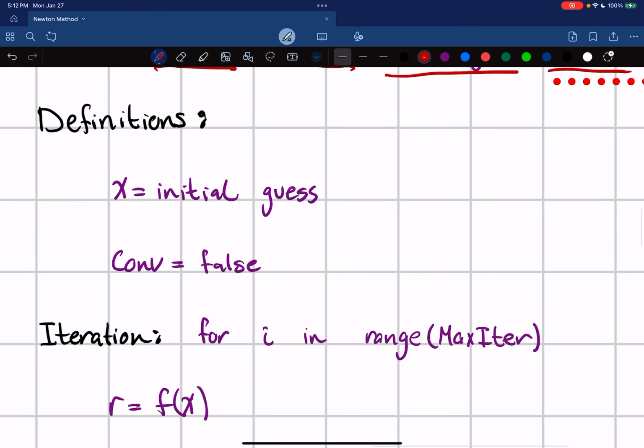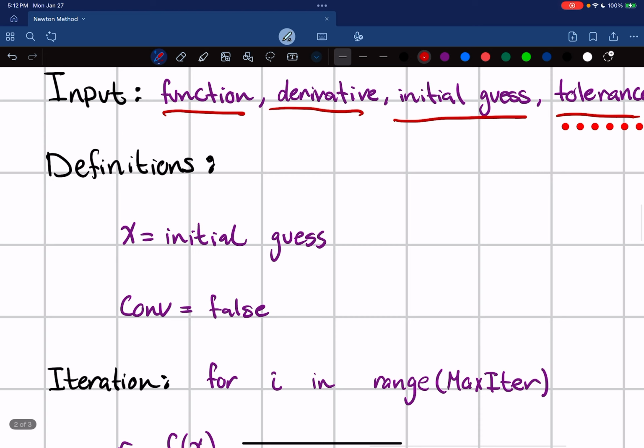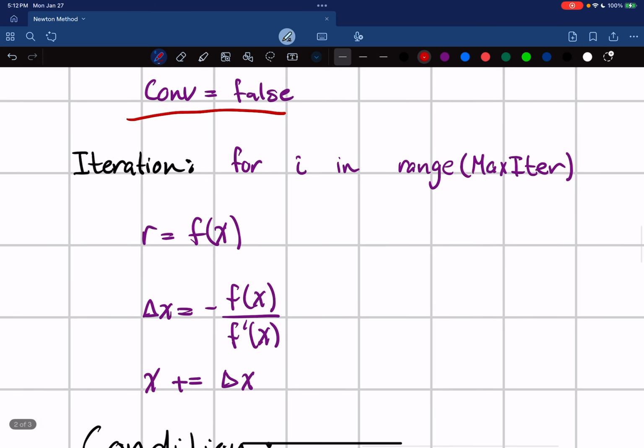So the first thing is you want to initialize variables. Your x is going to be the initial guess, and you're going to have a convergence variable that is a Boolean, true or false. Then we're going to start an iteration that goes from i to your max iteration, exclusive. So if your max iteration was 100, I believe this will go from 0 to 99, excluding 100.